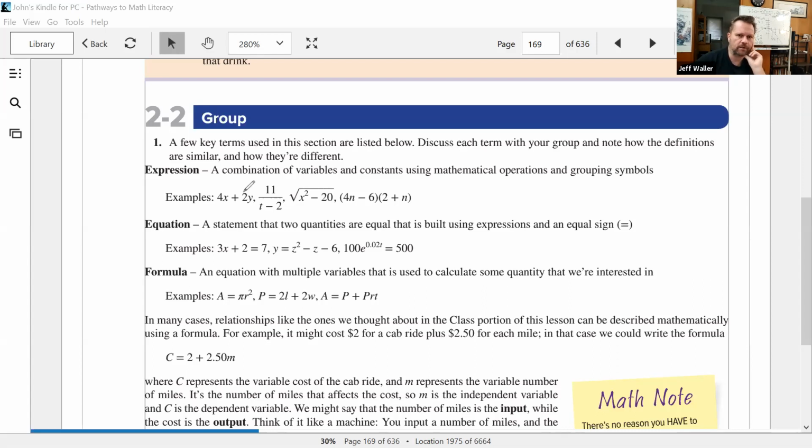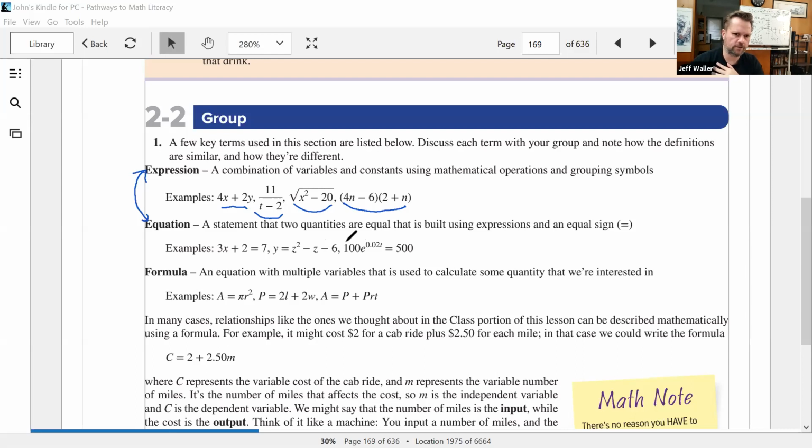So real quick, a couple of things that might show up in some of the homework here. What is the main difference between expressions and equations? If you look really quickly, they look pretty much the same. These are each expressions. So I've got 1, 2, 3, 4 expressions. Those are all algebraic expressions.